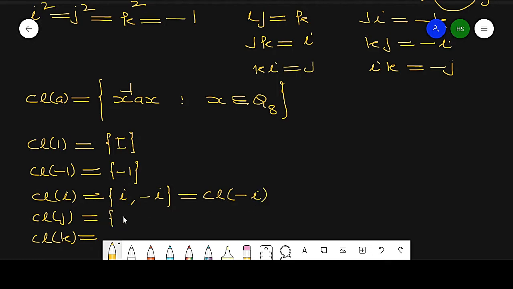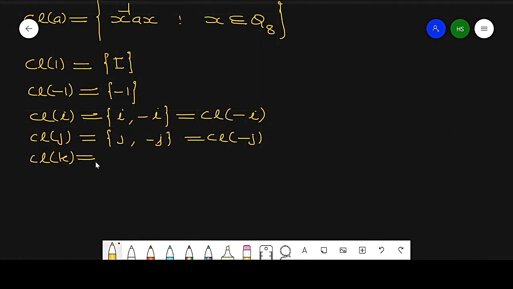Class of j is j and -j, so this can also be written as class of -j. And class of k consists of two elements, k and -k, which is equal to class of -k.